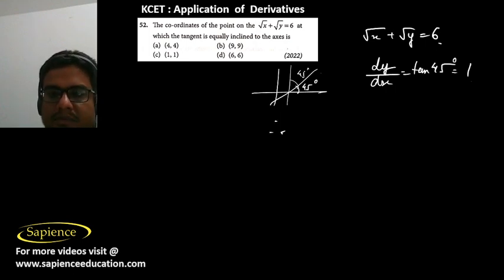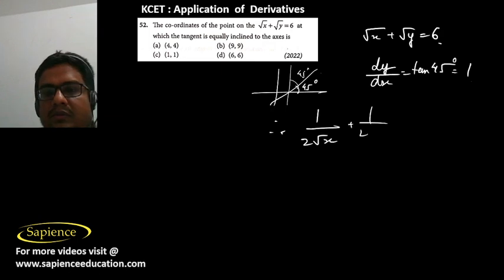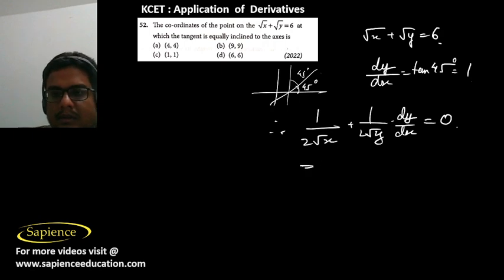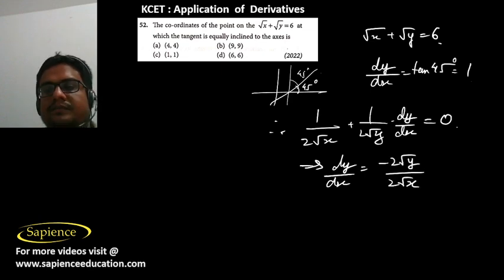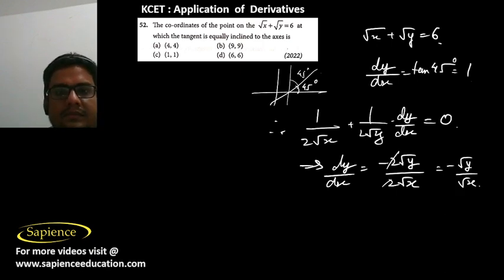If we differentiate both sides, dy by dx minus 2 root y should be 1.